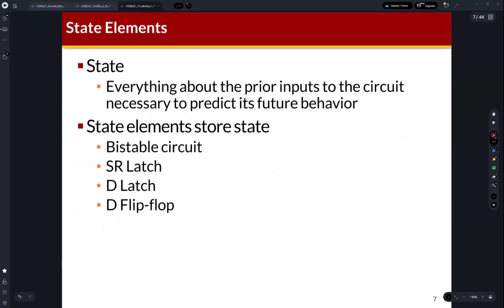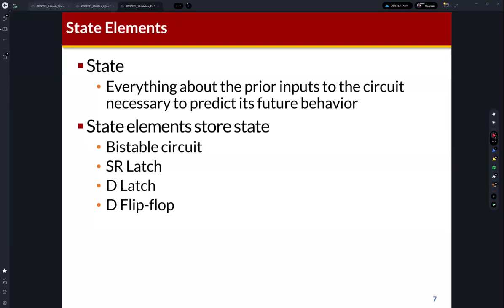In order to implement this sequential logic, we need to implement the memory components, this short-term memory logic, using the basic logic gates, the very basic combinational logic.